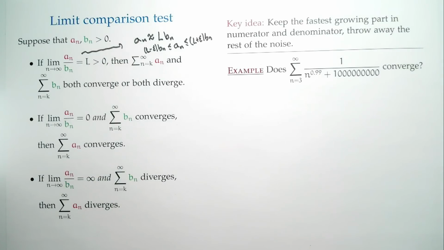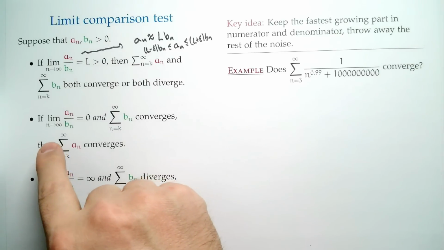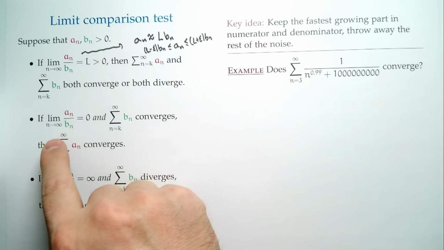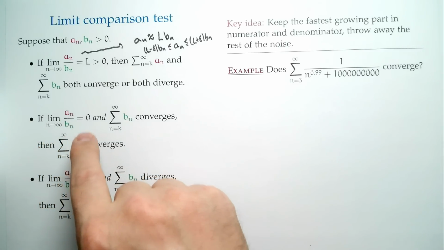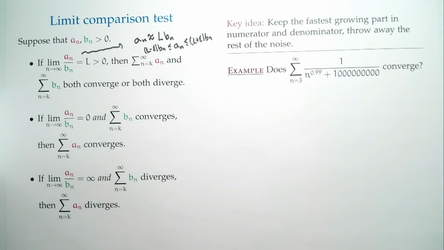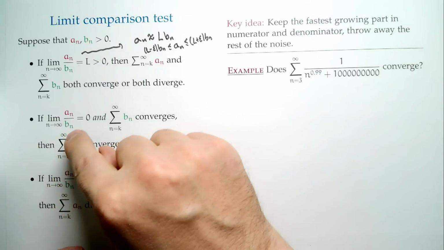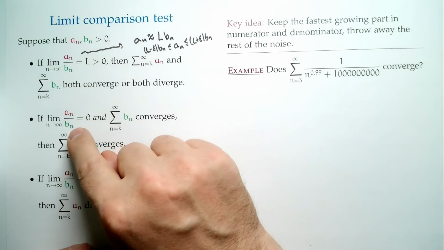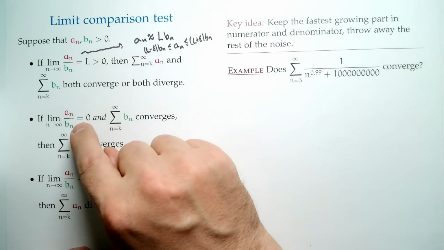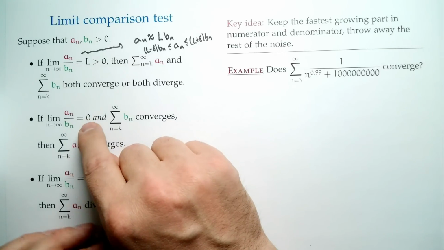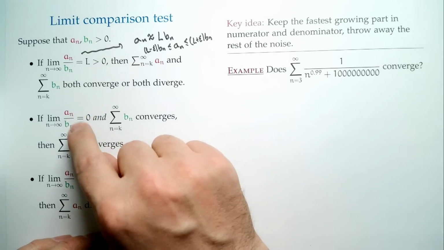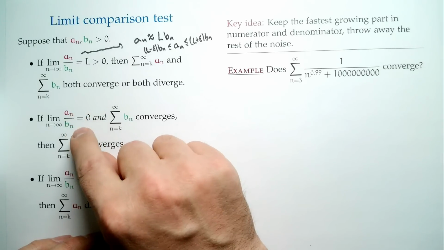Okay, well, that's if it approaches L. Now, what do we have? Suppose the limit as n goes to infinity of a sub n over b sub n is 0. Well, let's think about what that means. n is going to infinity, so we're looking down at the tail, and we're looking at a sub n versus b sub n. If this is going to 0, what does that say about the relative sizes of a sub n and b sub n?